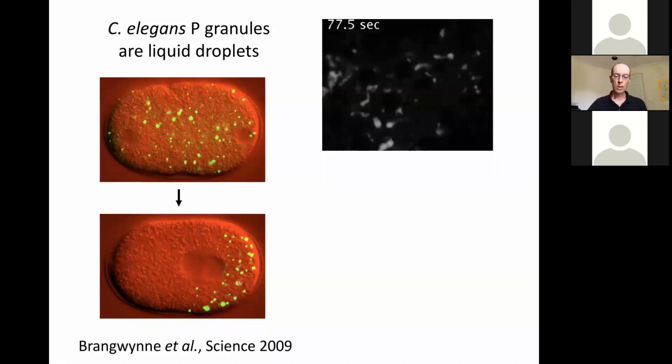And so let me show you as a schematic what's actually happening inside of this C. elegans cell, which is really a kind of beautiful little experiment happening inside this single cell.